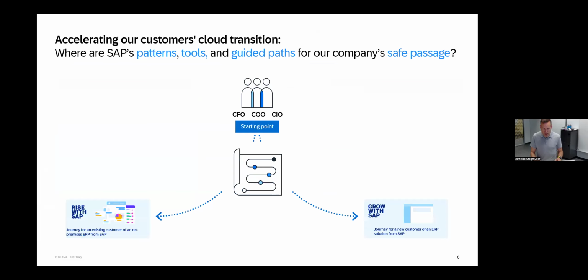Good. So actually, maybe I'll start with that one. What do we want to solve actually? Customers' pain point is usually how to get to SAP S/4HANA in a safe, less cost intense, and fast way. So they're asking what are the tools, the guidance, the path, how to get there, and what are the offerings.